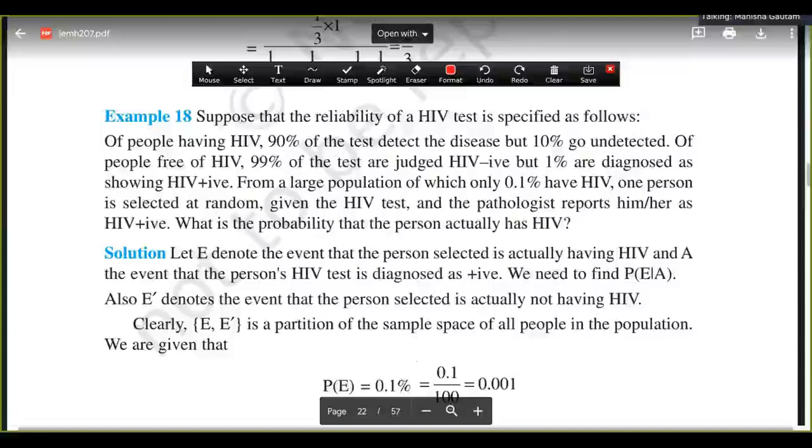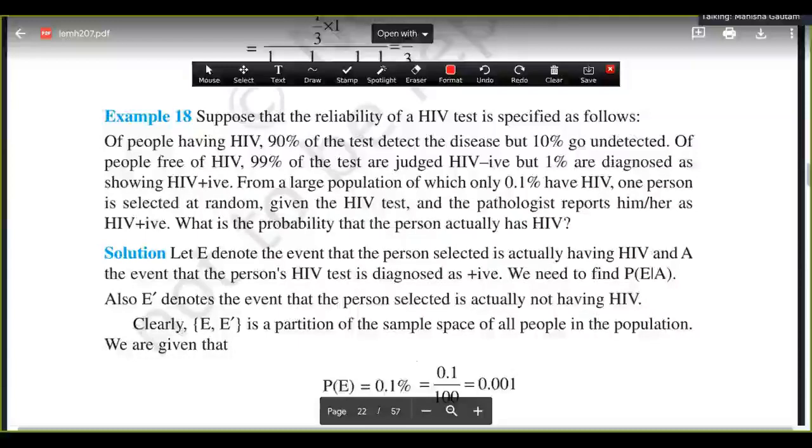From a large population of which only 0.1% have HIV, one person is selected at random, given the HIV test, and the pathologist reports him or her as HIV positive. What is the probability that the person actually has HIV?